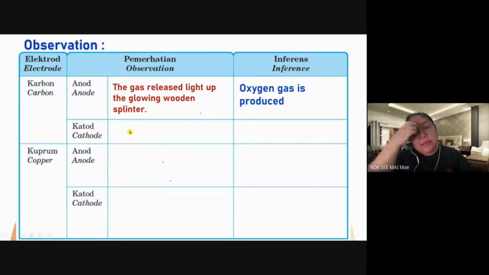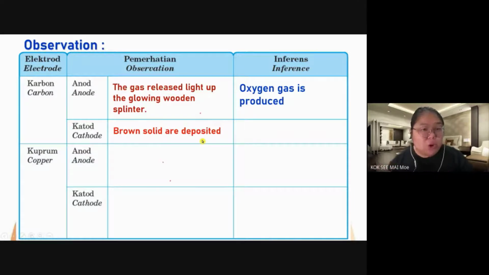Okay, so from here, the cathode, what happened? Copper ions are discharged at the cathode, so the cathode becomes thicker. Brown solid is deposited. The brown solid is copper. So the copper is produced.